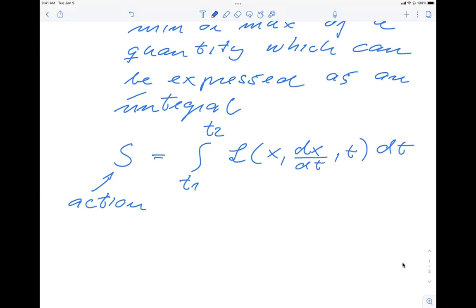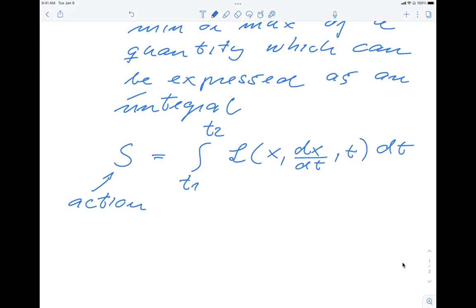So think of you doing some work from a time t1 to time t2, and you would like to optimize the path, which then minimizes the work which needs to be done to move, let's say, some object under the influence of some forces. So mathematically, what the variational calculus stands for is you trying to minimize or maximize an integral.